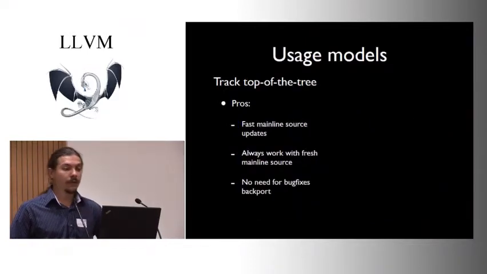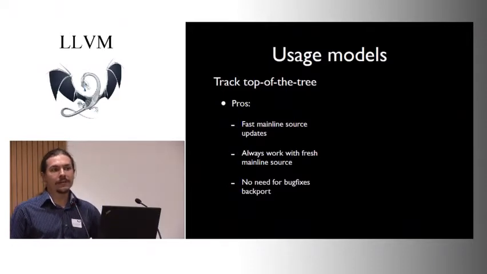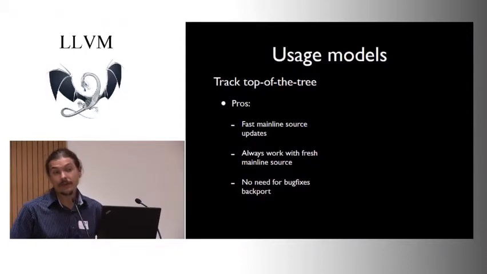Let's consider another model. The other model is just living on the main line. There are some advantages, surely. You have fast source updates, and you do not need to backport any bug fixes into your private branch.